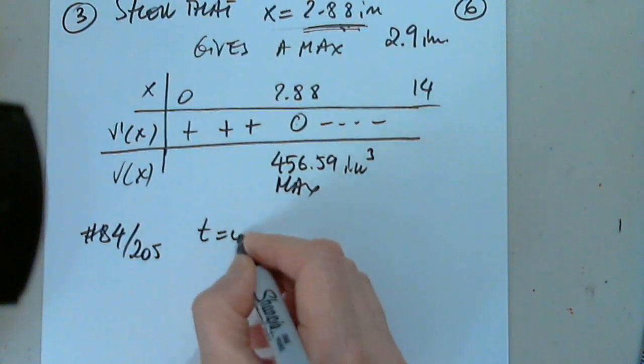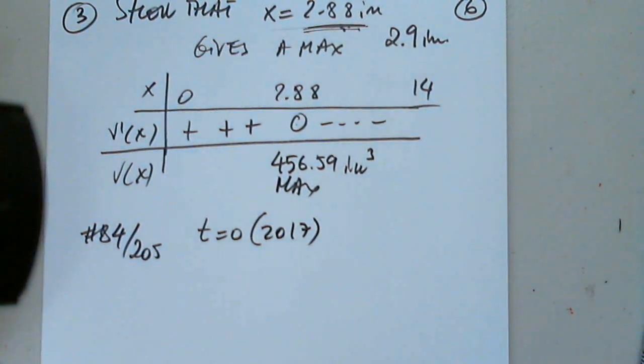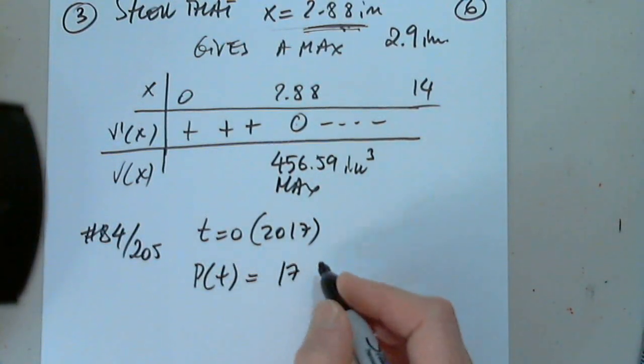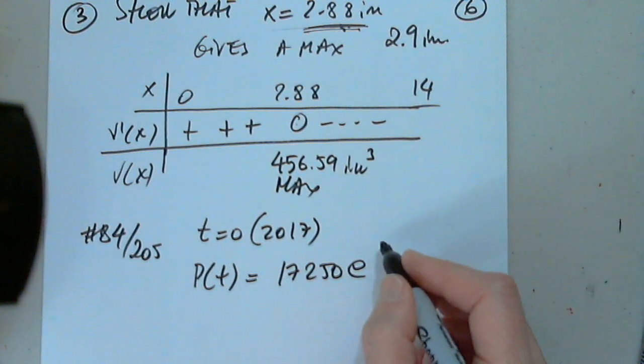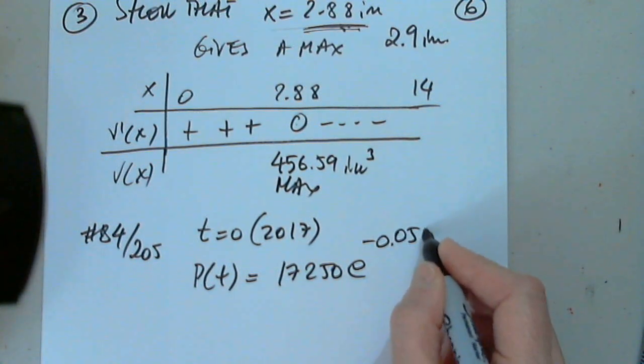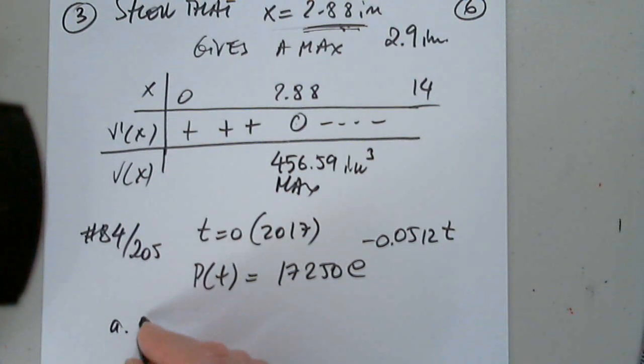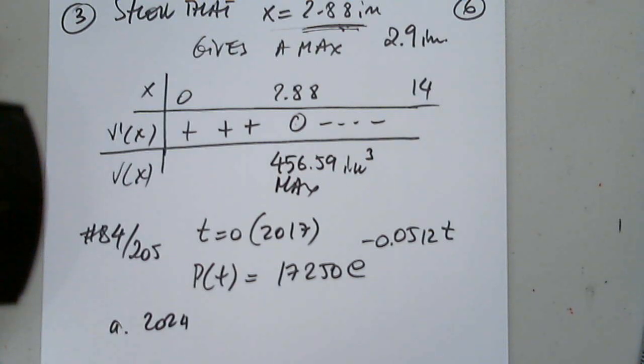So it means t equals 0 means 2017, and we have a function p of t equals 17,250 e to negative 0.0512t. What will the population be in 2024? When will the population first drop below 14,000? And when will the population be, okay.